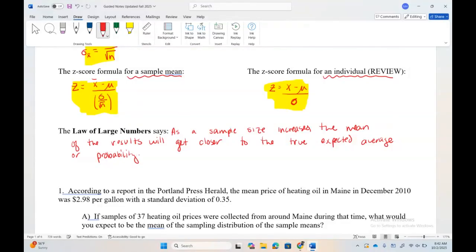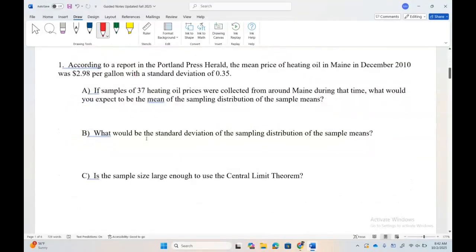So as your sample size increases, your number of trials, the people you're studying, you're going to get closer and closer to the expected true value. If you have a small sample size, it's not necessarily going to be close to the overall population average.